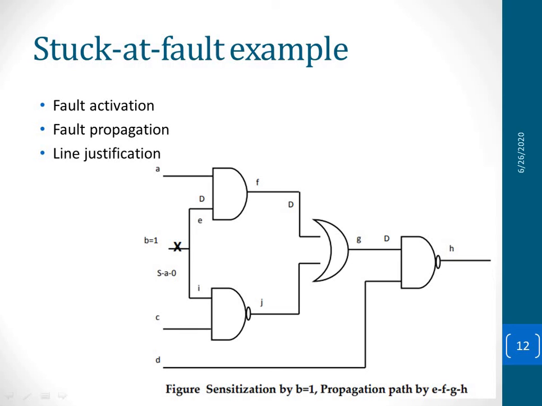But if I make B as 1, and this is 1, my A should be passed here. What is the property of an AND gate? 1 into A will be A, isn't it? So if this is 1, that means A should come out.